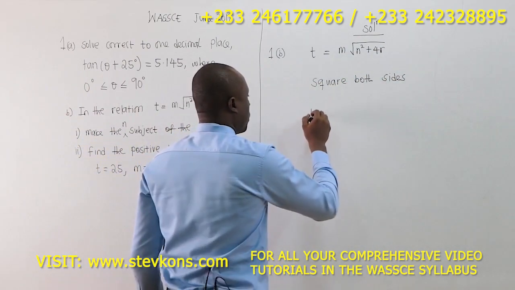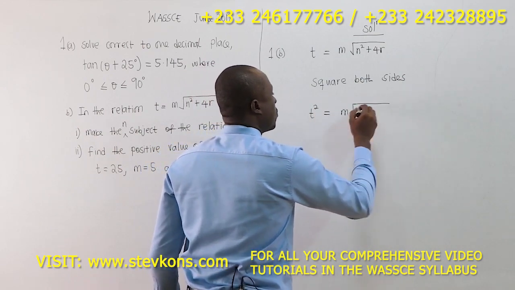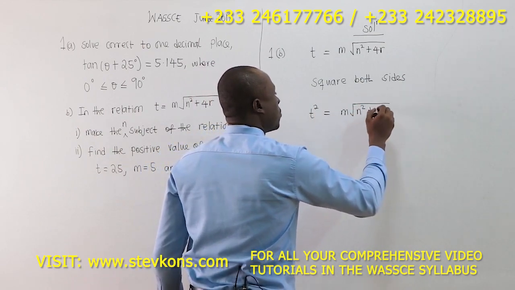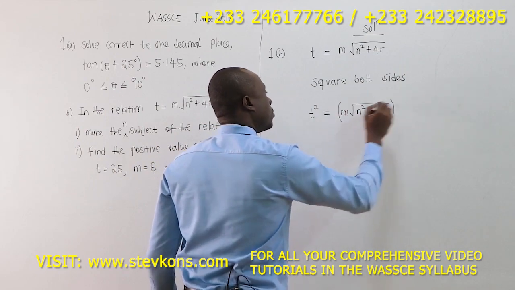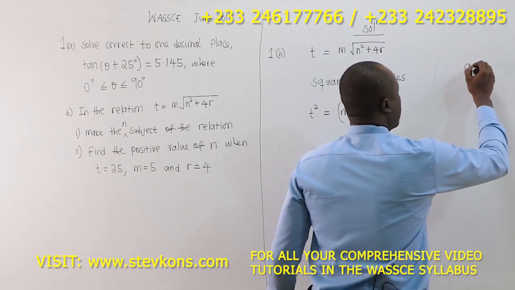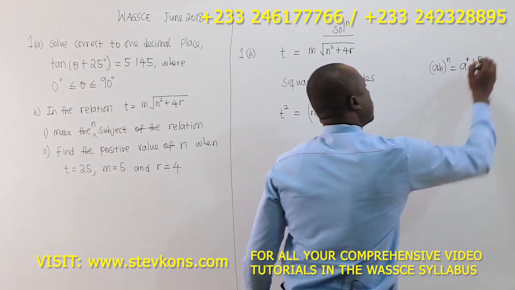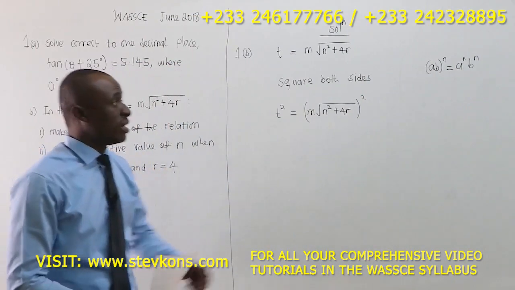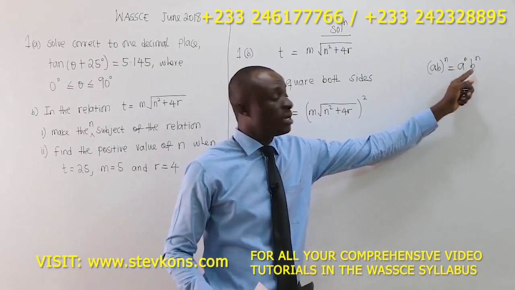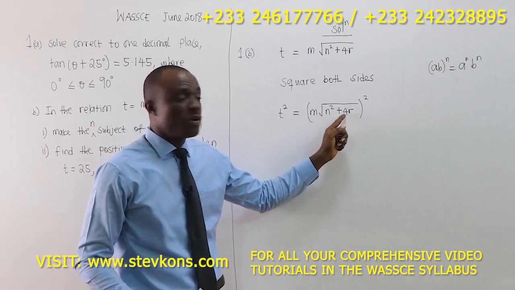So we have t squared equal to m square root of n squared plus 4r, all to the power 2. Look at it: if you have ab to the power n, this is a to the power n, b to the power n. So m is multiplying the square root of n squared plus 4r.